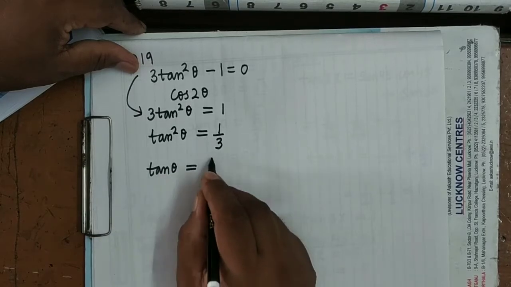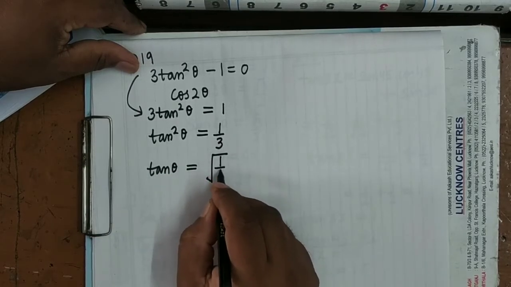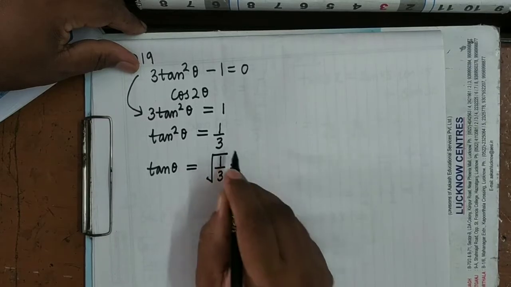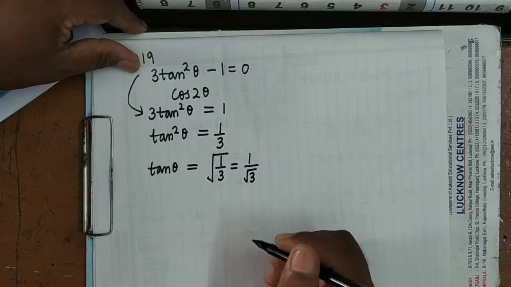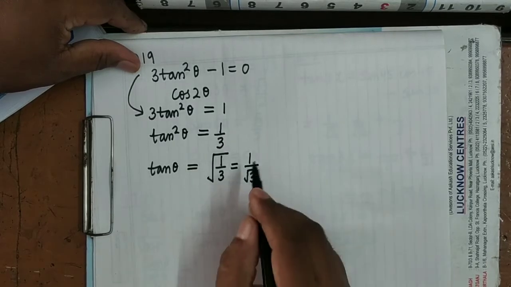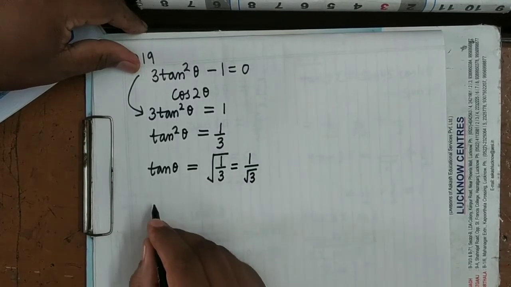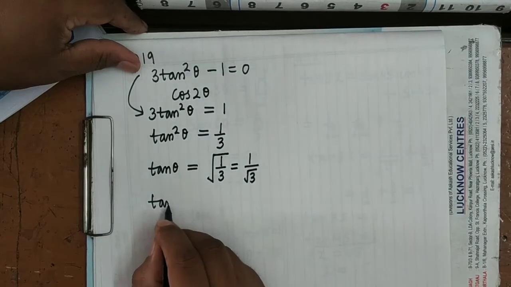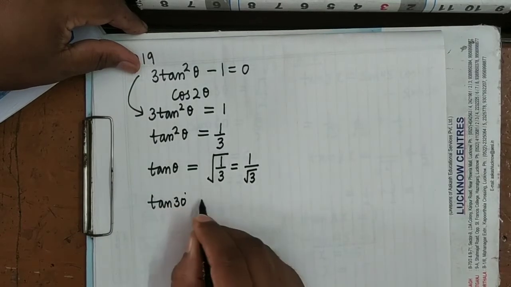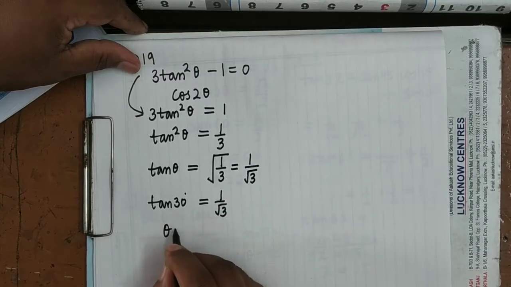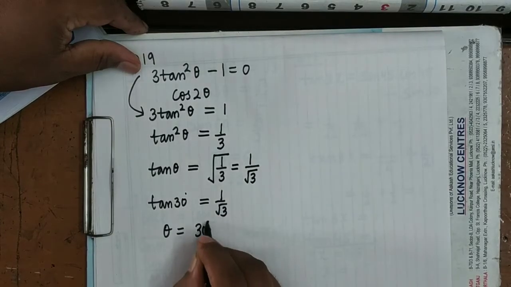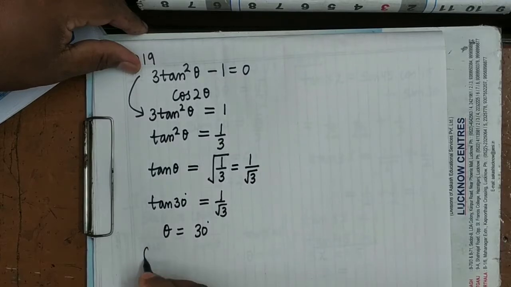So what will be tan theta? It will be the square root of 1 upon 3. Now what is square root of 1? It is 1. Square root of 3, it is this. Now for which angle is tan 1 upon root 3? It is tan 30 degree. So theta equals 30 degree.